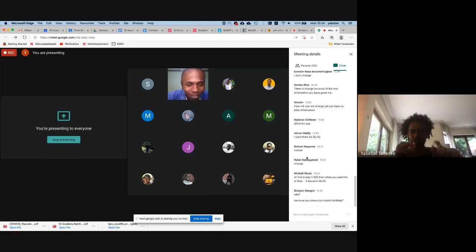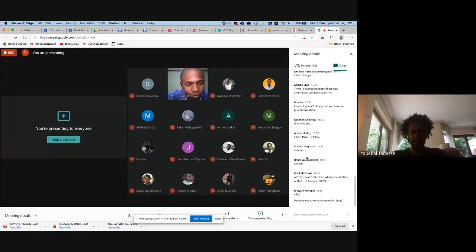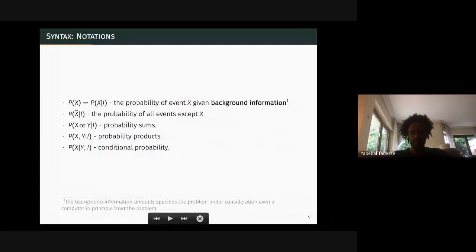When you take one sample, it's basically saying let's label that one red, and then label everything else blue. Whatever you didn't say is the probability of all events except X. So the probability of X plus the probability of everything except X sums to 1.